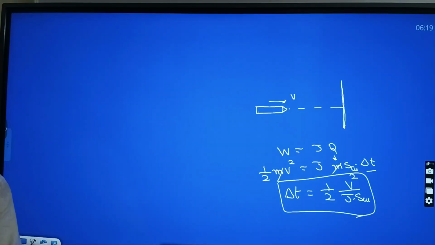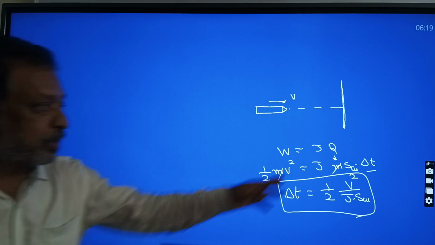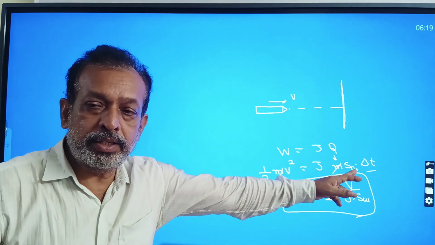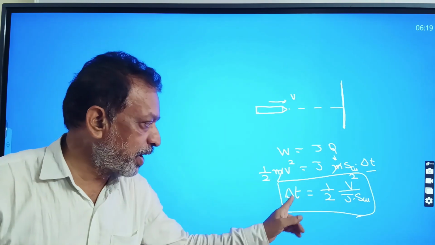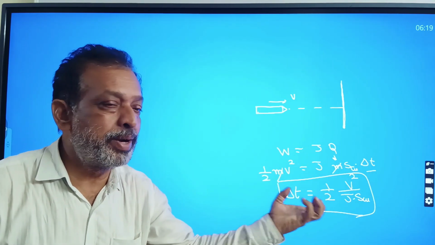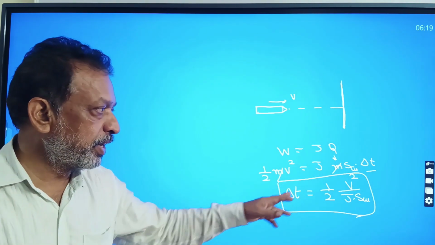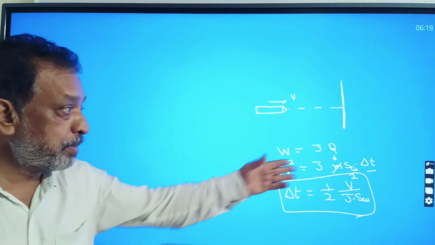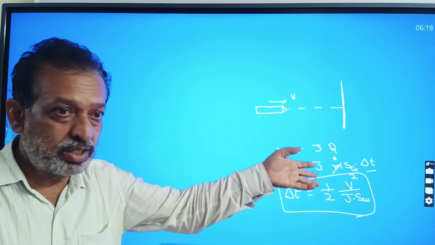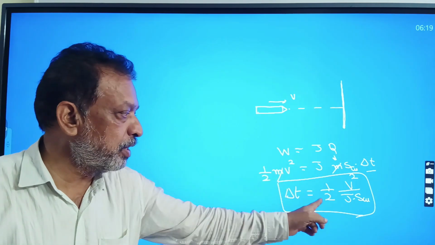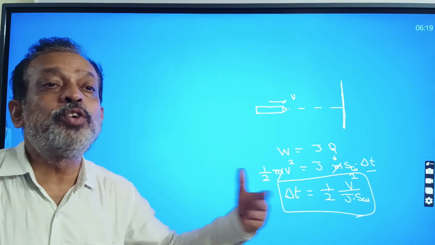Then how much heat is developed? Q is m s delta T. After finding delta T, you can find how much heat is developed. Because mass cancels and J is a constant, you can simplify the temperature with the mass.